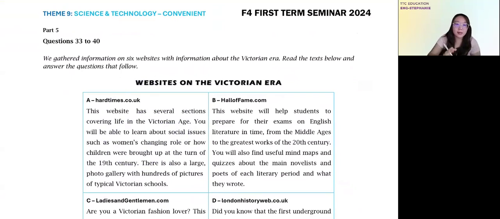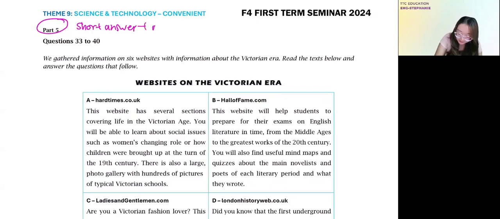Okay, next one, the very last part, part five. So part five is actually your short answer or information transfer plus matching. It's very similar to your lower form information transfer and the short answer, but it's a mixture of it.